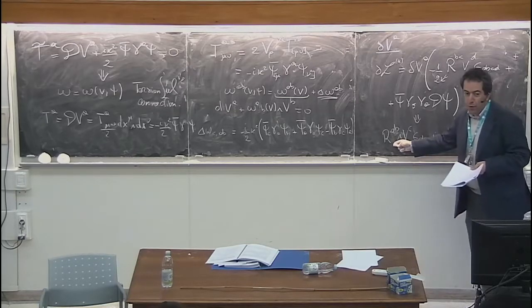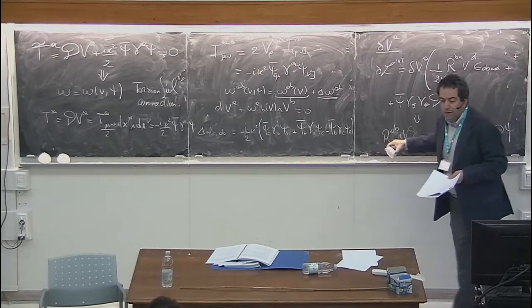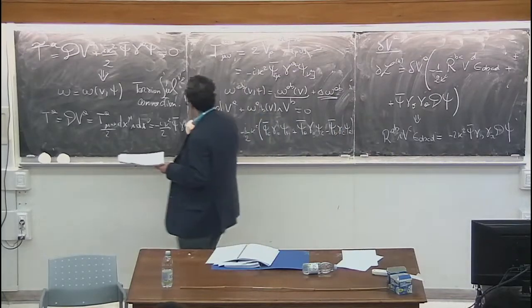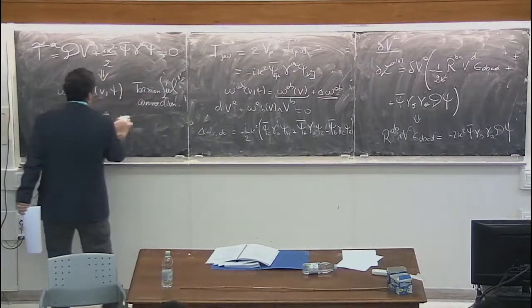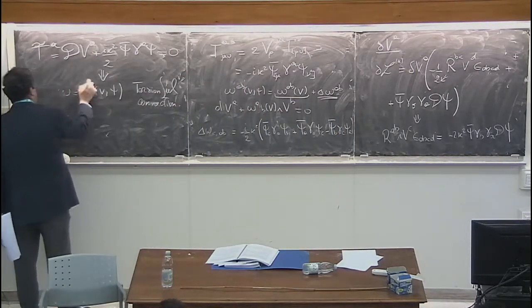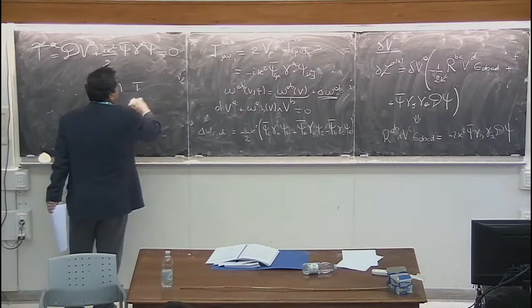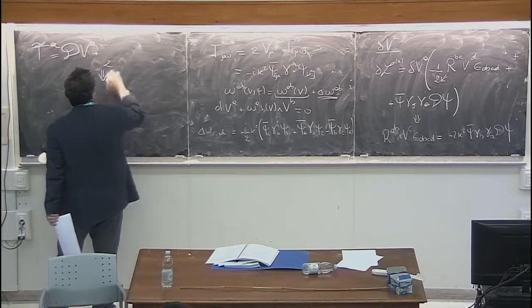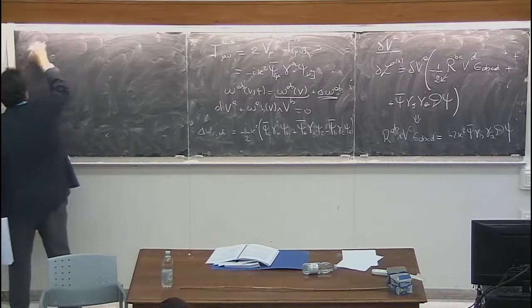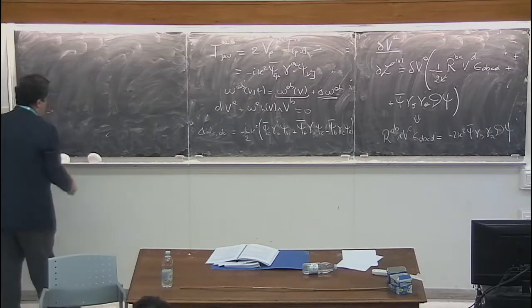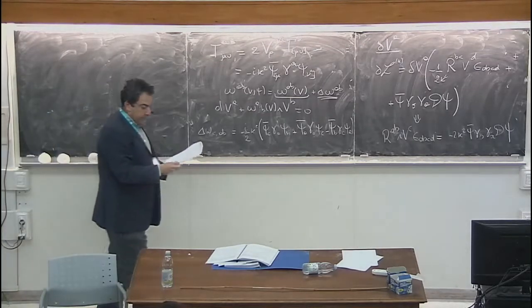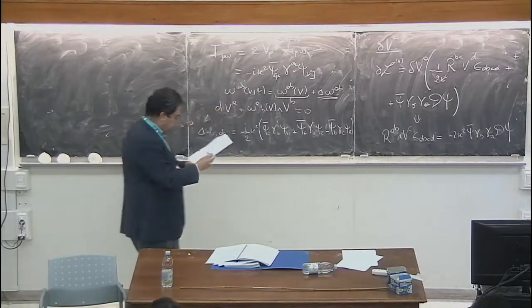On this side, we know there's going to be the Einstein tensor, while on the right-hand side, we're going to have the energy momentum tensor of the gravitino field. You do it the same way we did it in the pure gravity case.